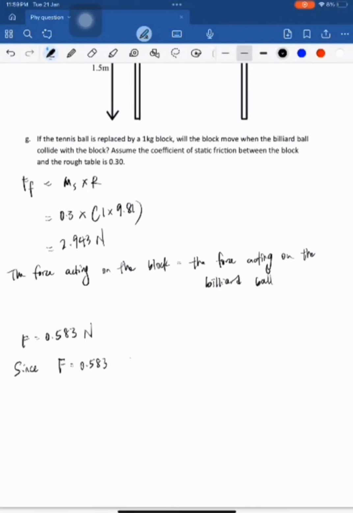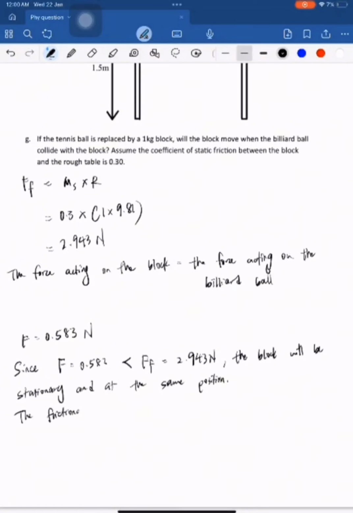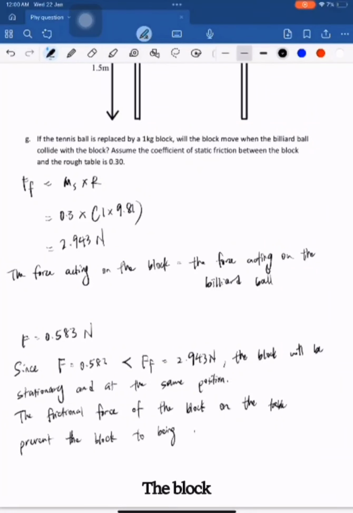Since the force, 0.583, is smaller than the frictional force, which is 2.943 newtons, the block will be stationary and stay at the same position. It's because the frictional force of the block on the table prevents the block from being pushed.